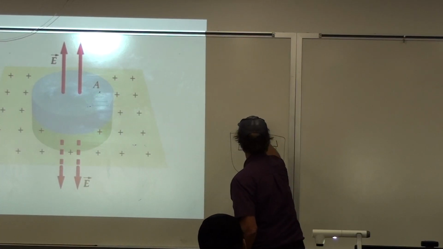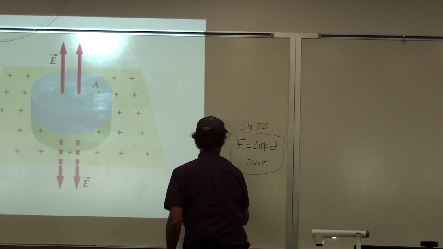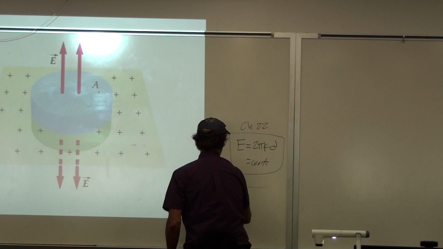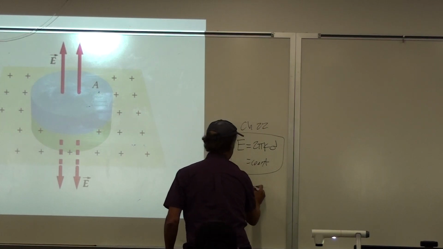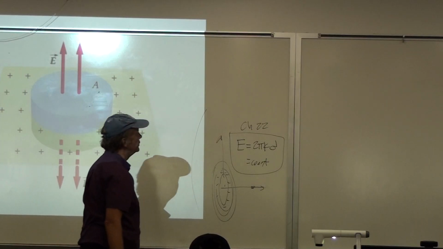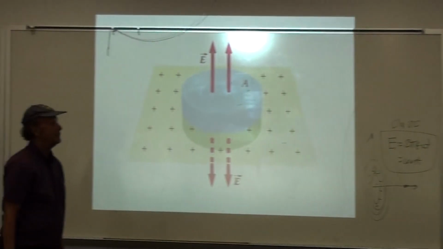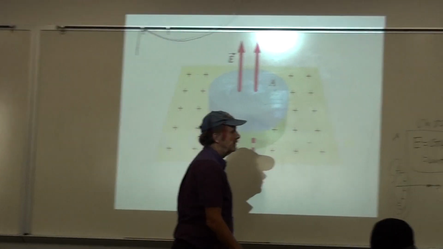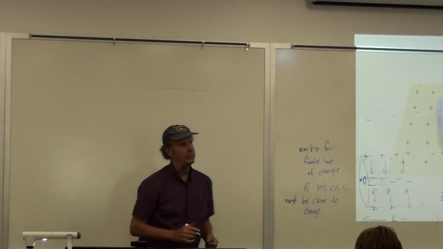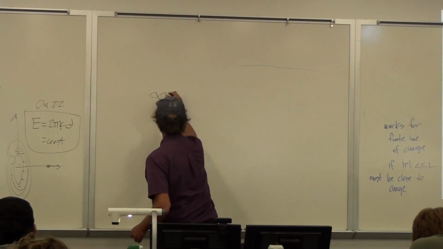In chapter 22, we took the electric field for a ring, and then we added up a bunch of rings to get the electric field for a disk, and then we took the limit as the radius goes to infinity to get the electric field for the plane. That's a lot of work. But here, I'll show you how to do it in one step using Gauss's law. You have an infinite plane of charge.